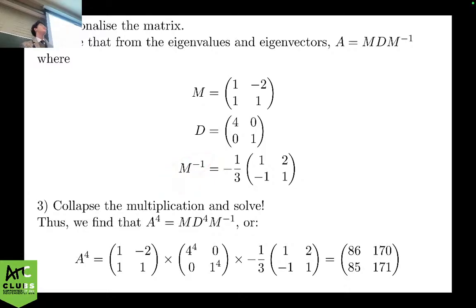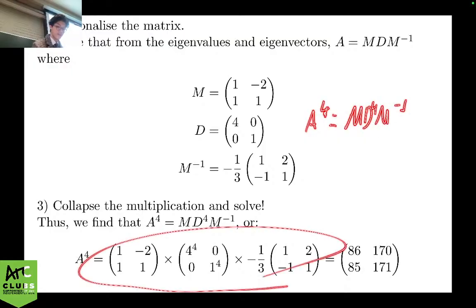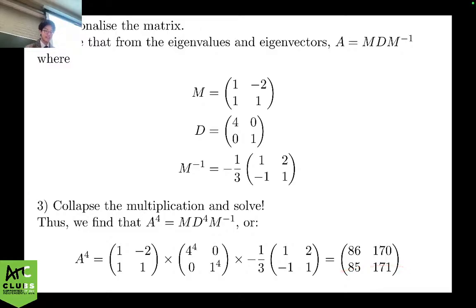We can find M inverse, again, just using our lovely computer software, Maple, or MATLAB if you do 1251. And then, finally, we use our multiplication formula, where A^4 just equals M D^4 M inverse. And if we multiply all these matrices together, in the end, we'll get 86, 85, 170, 171. Again, you can just use software for this part.